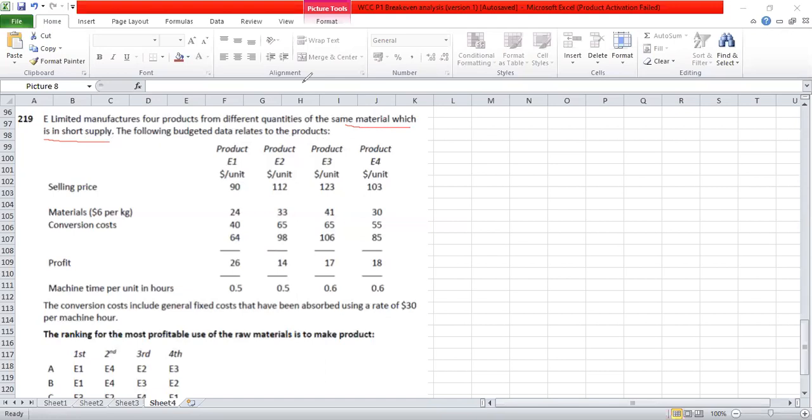I will write it here. Key factor analysis is limiting factor analysis, wherein only one constraint.